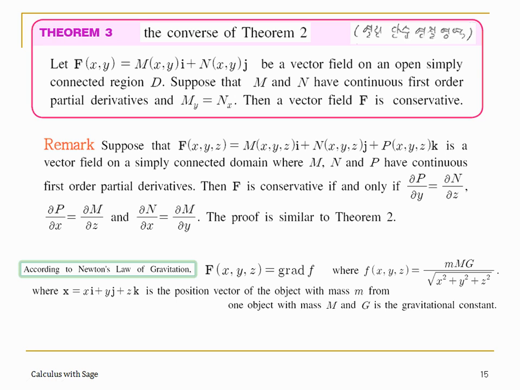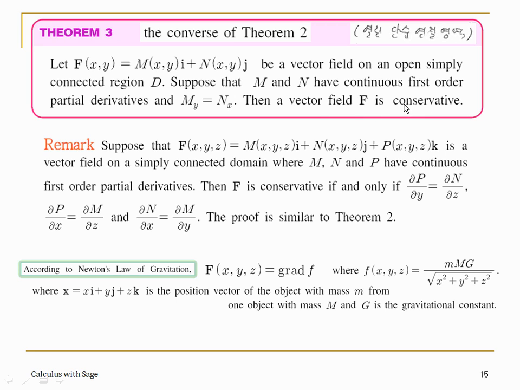Let capital F equal Mi plus Nj be a vector field on an open simply connected region D. Suppose that M and N have continuous first order partial derivatives, and My is equal to Nx. Then the vector field F is conservative. That's the converse of it.